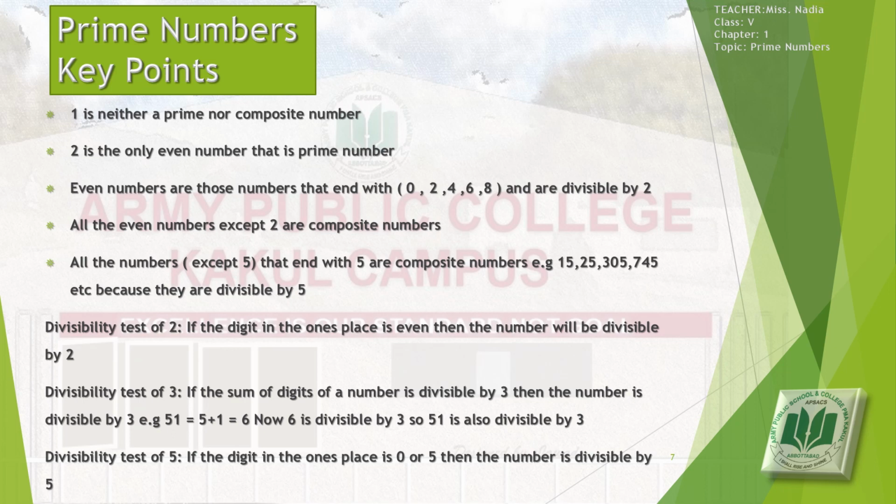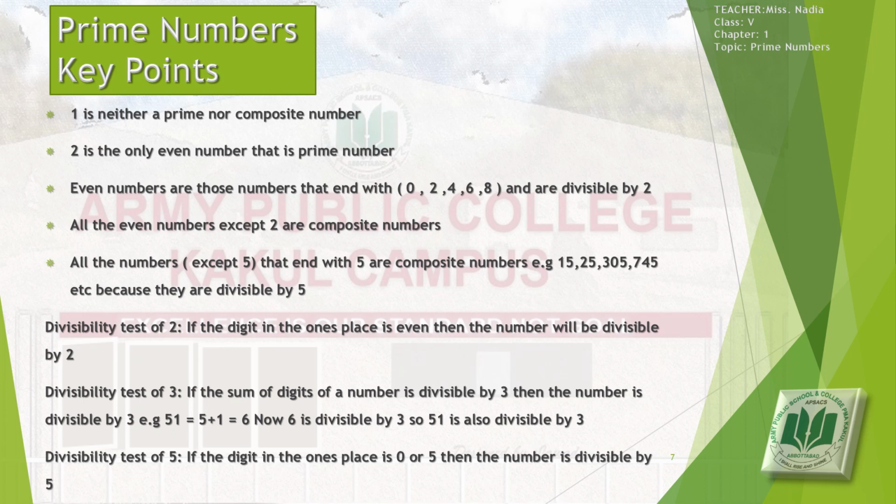Now we have some divisibility tests to check whether a number is divisible by 2, 3 and 5. Divisibility test of 2: check the digit in the ones place. If it is even, that is 0, 2, 4, 6 or 8, then the number will be divisible by 2. Divisibility test of 3: add the digits of the number.